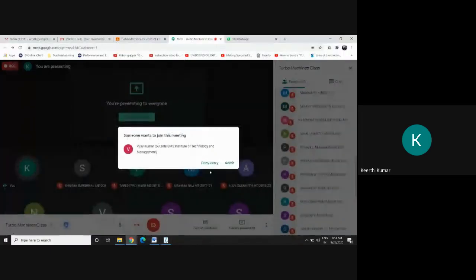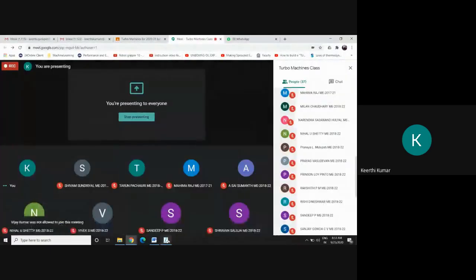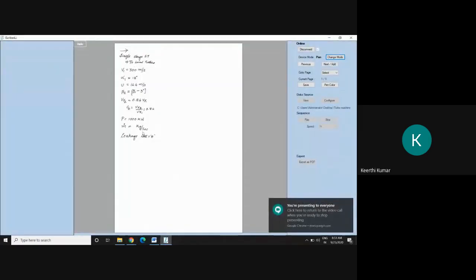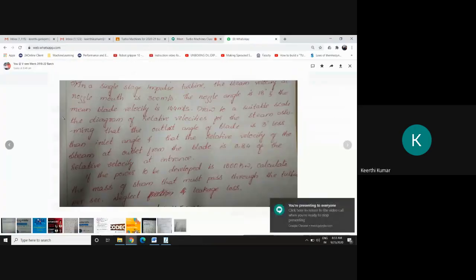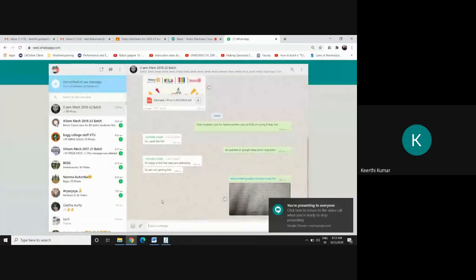All of you please open a graph sheet if you have one, and try to draw as per the scale. Any doubts in the data taken?